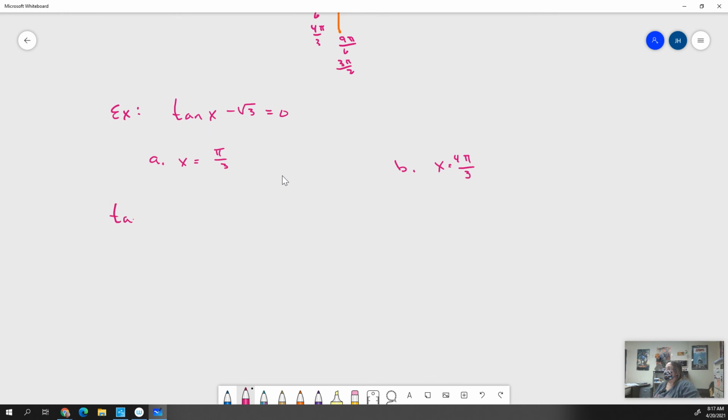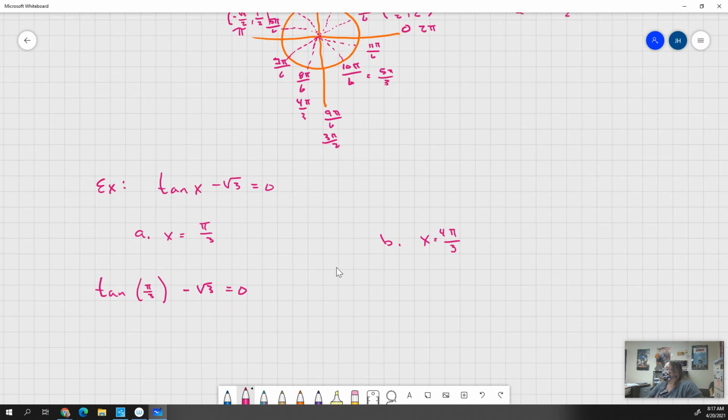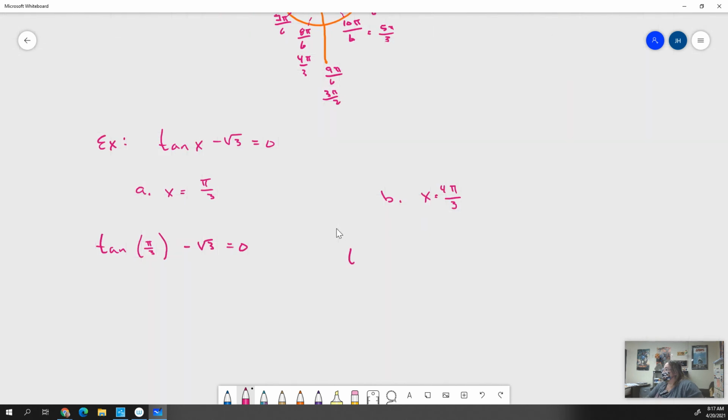I have tangent of pi over 3, right? I'm trading that x for pi over 3, and I need to find out if this is a true statement. So I have to figure out what tangent is at pi over 3. Well, if you remember correctly, tangent equals sine over cosine, right?